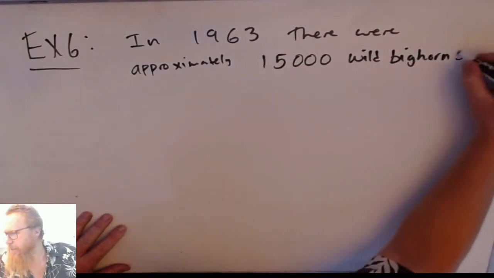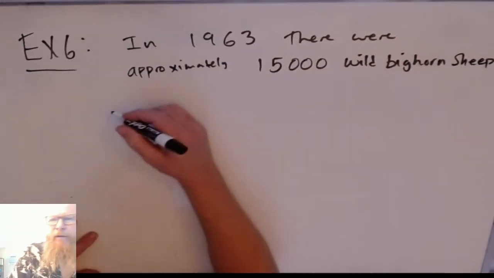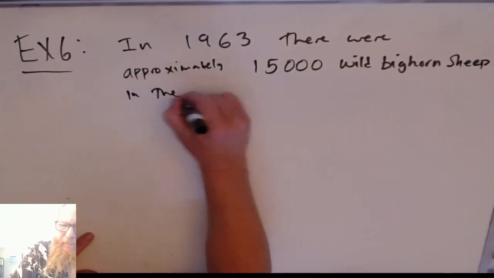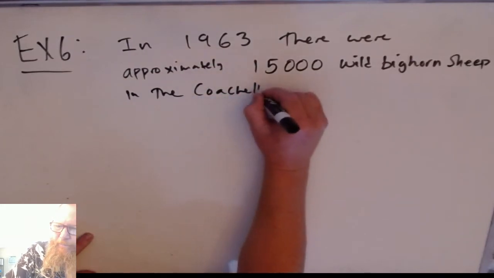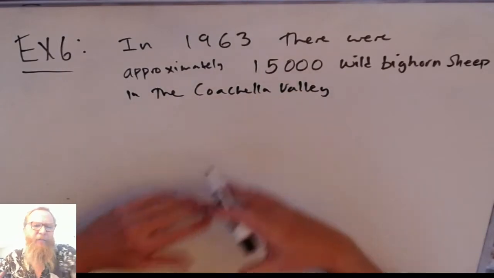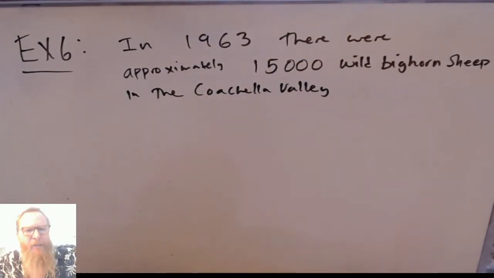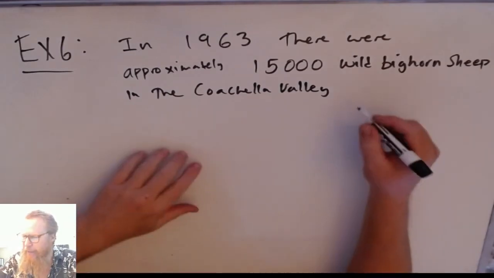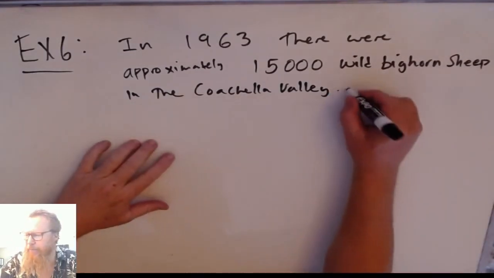These are the sheep that live in our mountains in the Coachella Valley. Now, when I say the Coachella Valley, I mean the extended Coachella Valley, like including all the mountains and stuff around the valley. Okay, I don't feel like writing all of that, so blah blah blah blah. Okay.